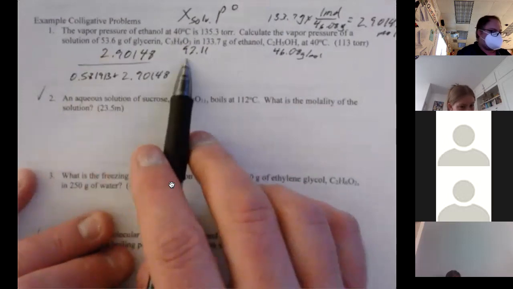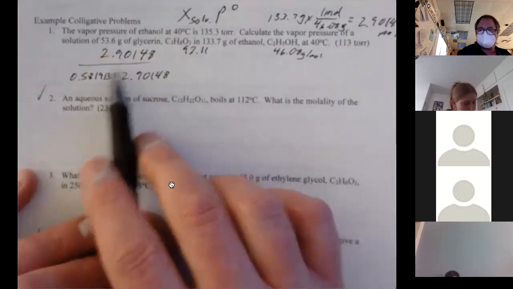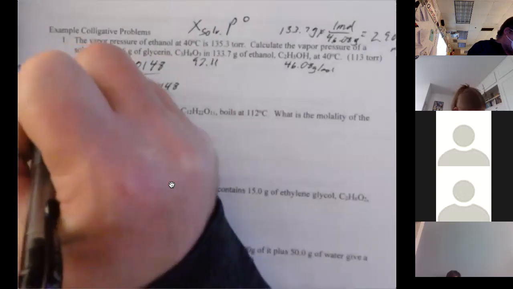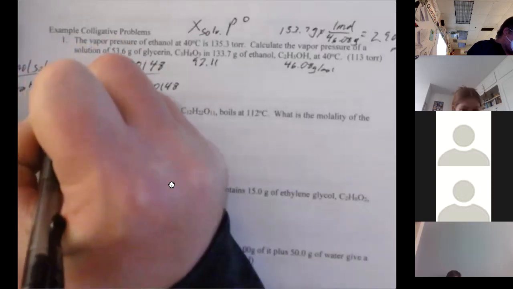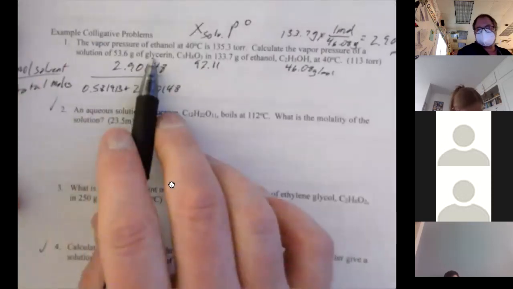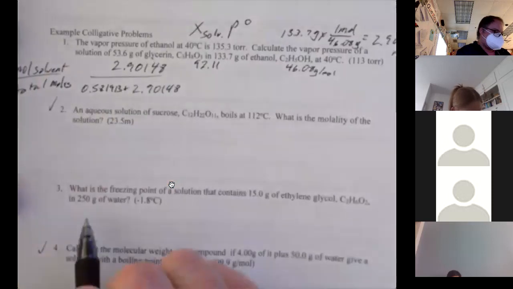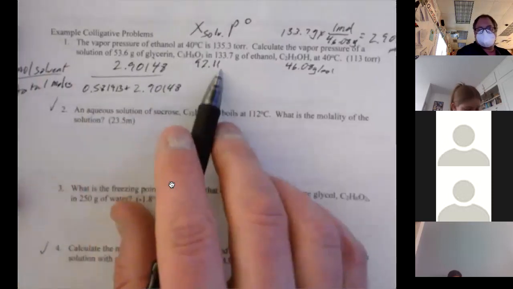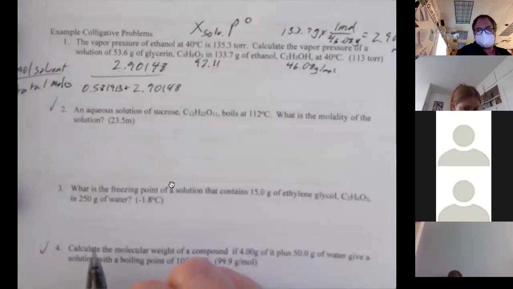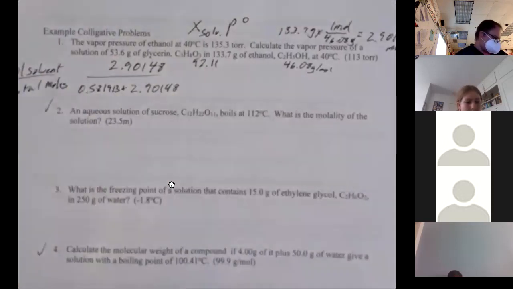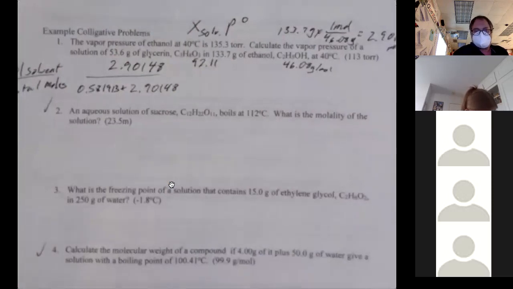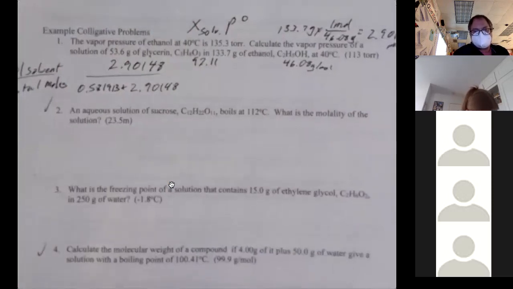So again, remember the mole fraction is moles of solvent, in this case, over total moles. So this is the moles of glycerin, 53.6 divided by 92.11, 0.5819. Why wouldn't the glycerin be the moles in the numerator?